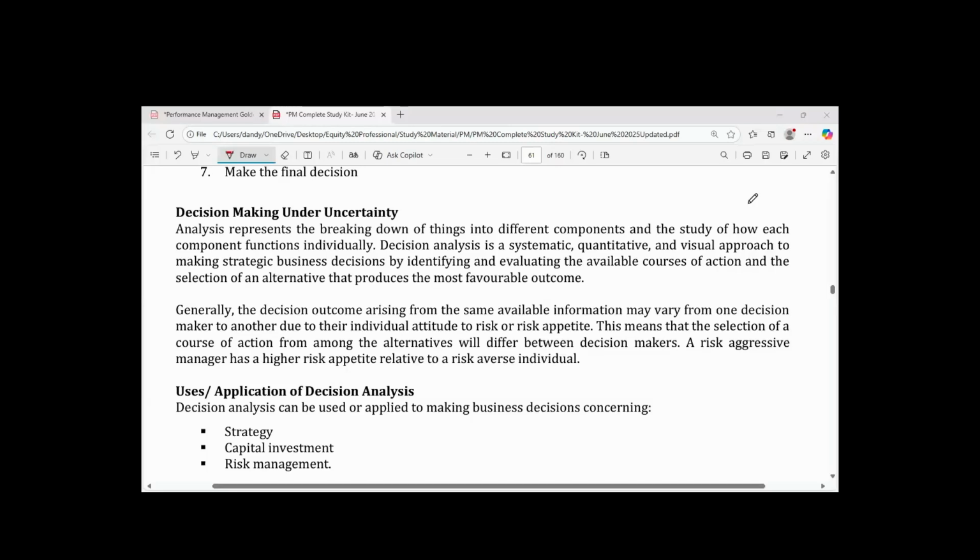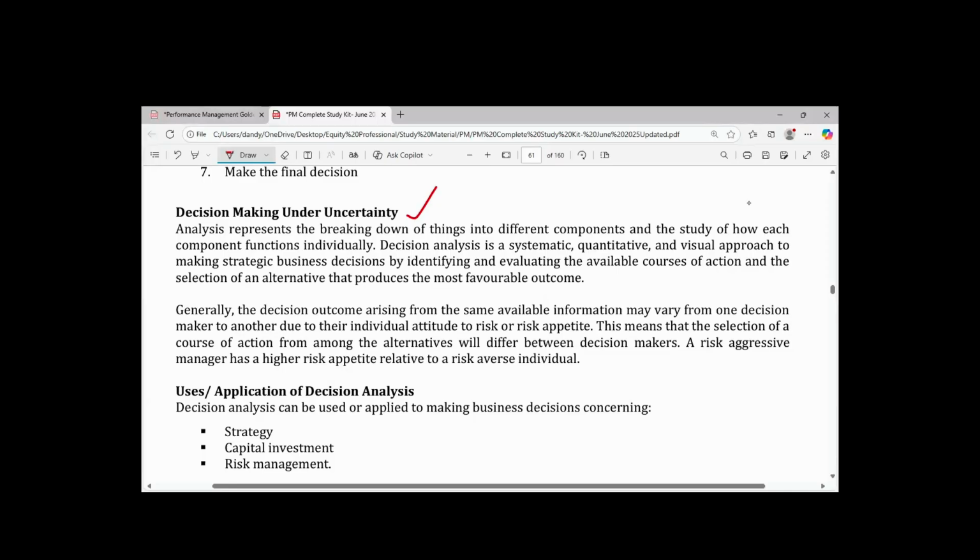So this morning we are going to be dissecting decision making under uncertainty, another scope of risk and uncertainty. Like I explained to you in the class, so far we have dissected risk adjusted method.